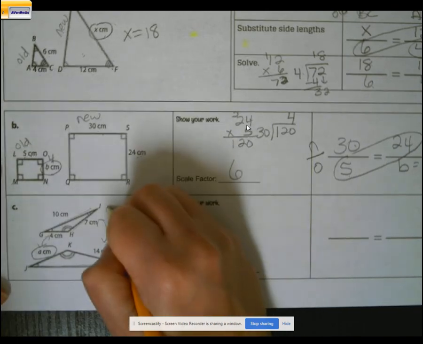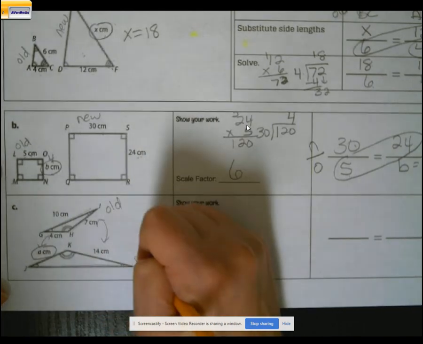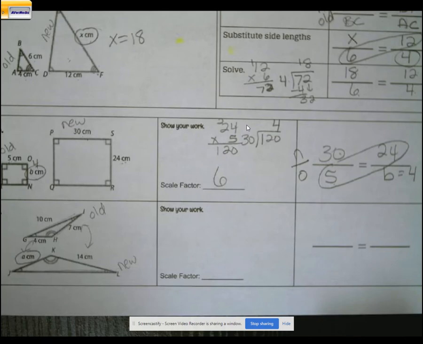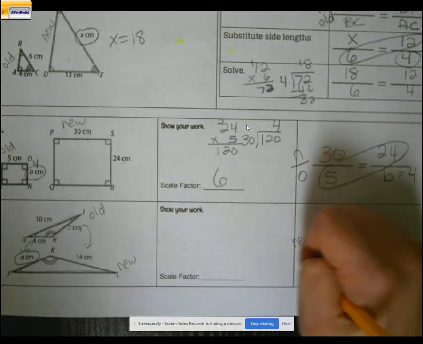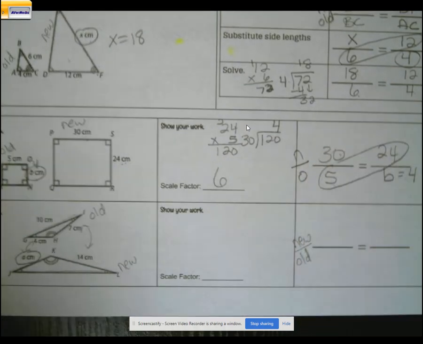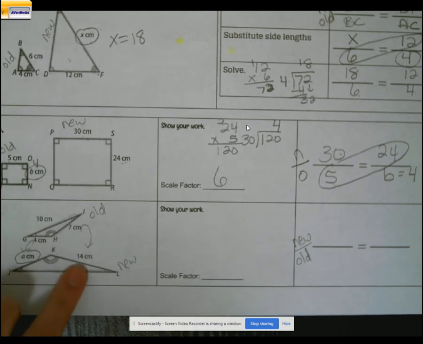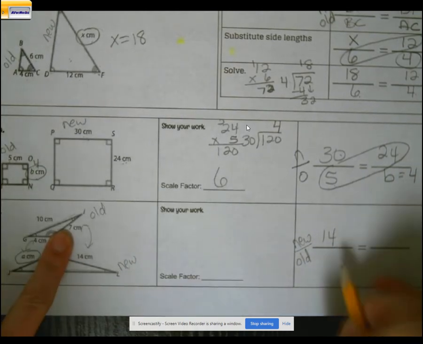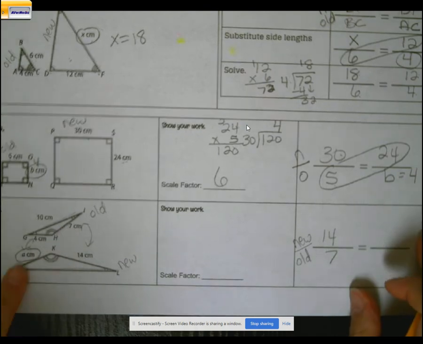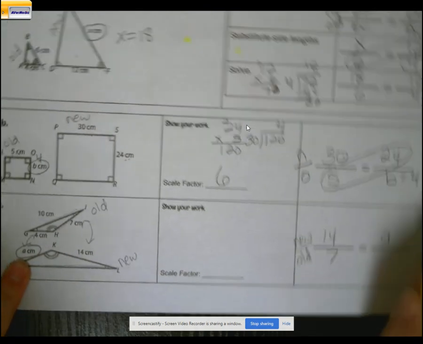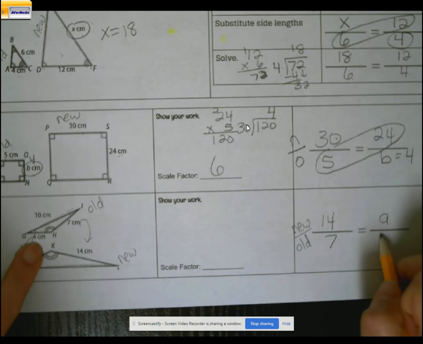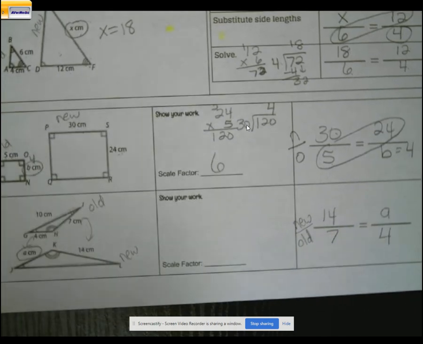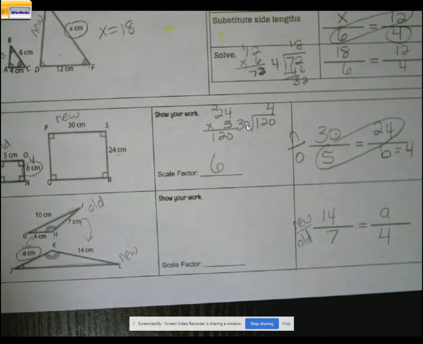So again, I have my old and my new. Okay, so new 14 goes with the old one of 7. New A, old 4. Now I'm just going to set up and do my cross multiplication.